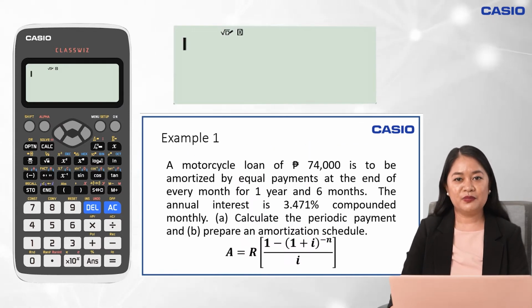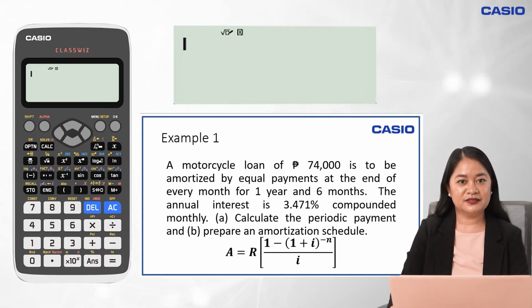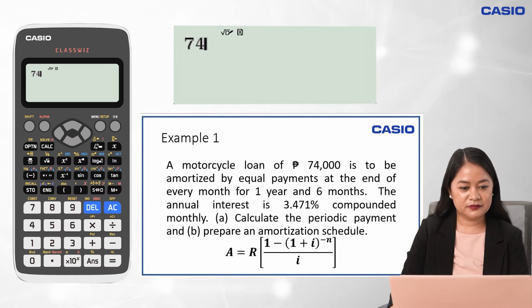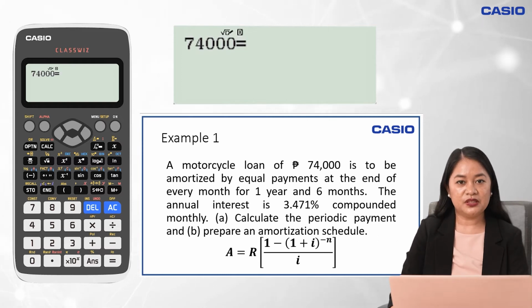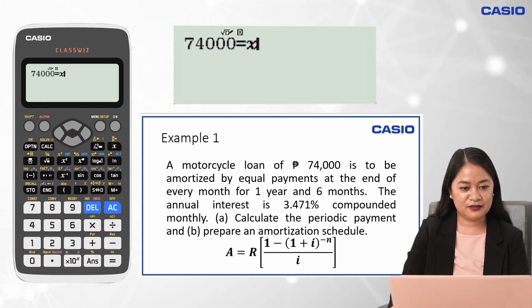To solve, make sure that your calculator is in Calculate menu, that is by pressing Menu 1. Then we input the present value, which is 74,000 pesos. Press Alpha Calc to input an equal sign. Then we input the periodic payment, let's say that is represented by X.